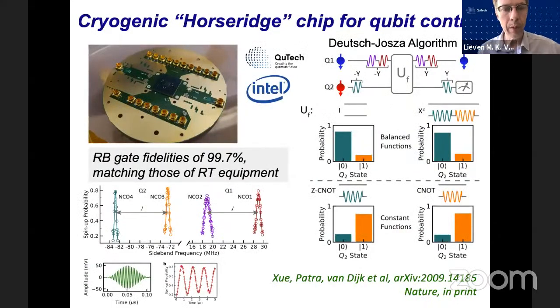At the same time, already working towards this vision of bringing the electronics close to the qubits, we have here results. This is a collaboration between my group and the groups of Eduardo Charbon when he was still at QTech, he's now back fully at EPFL, and Fabio Sebastiano and Masoud Babaie in Delft, and also colleagues at Intel.